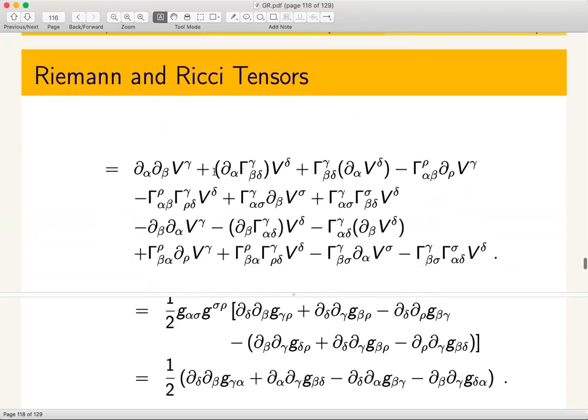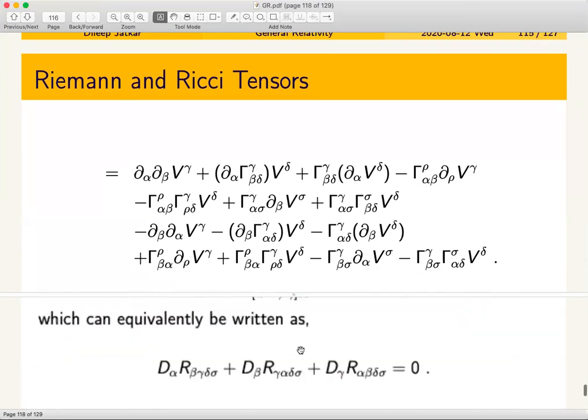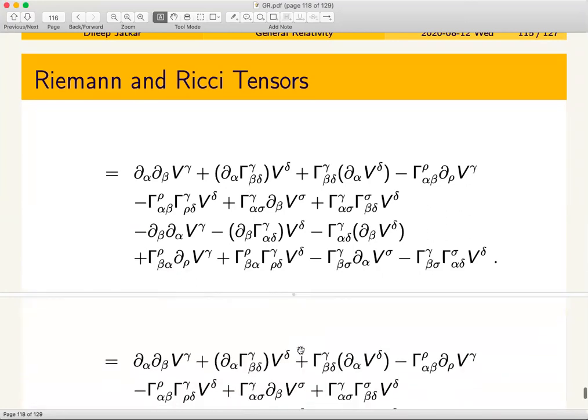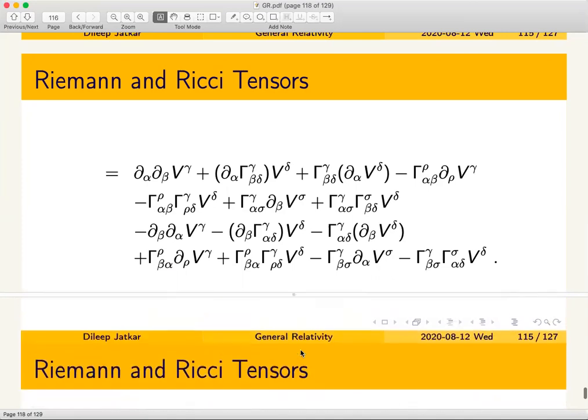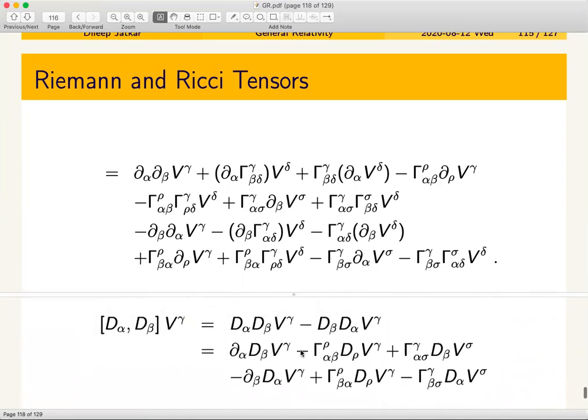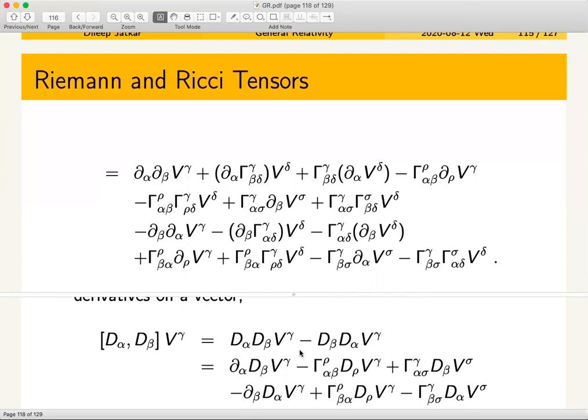So this is the covariant derivative d beta acting on v gamma, with of course del alpha acting on that. So what we are writing is the following, that just look at the del alpha acting on d beta v gamma piece.